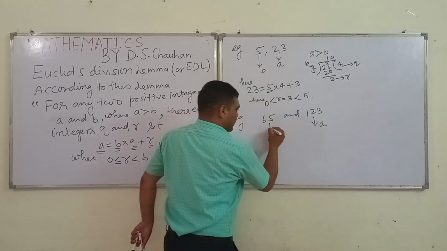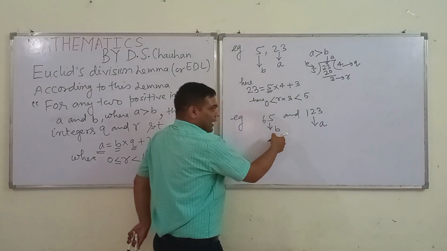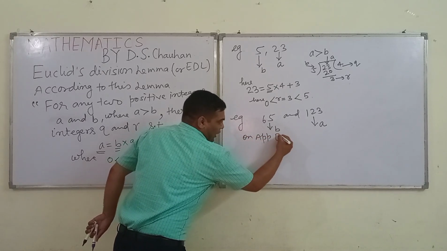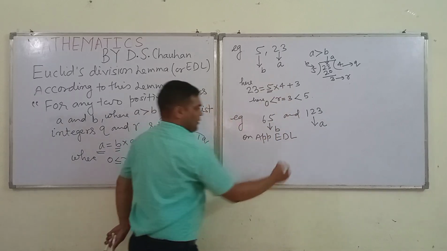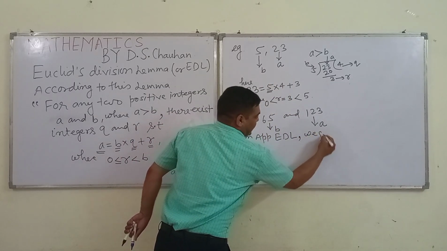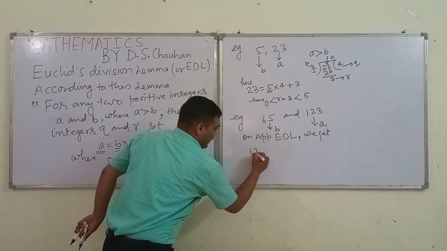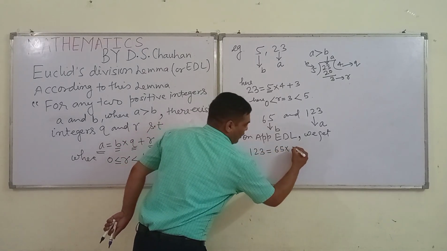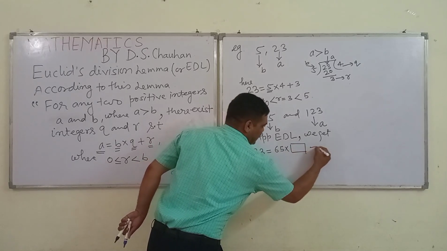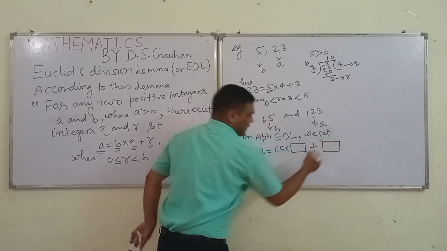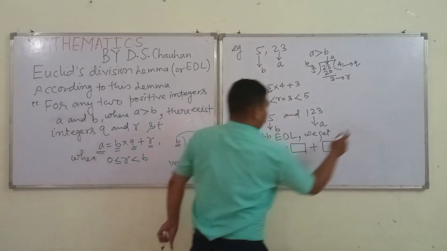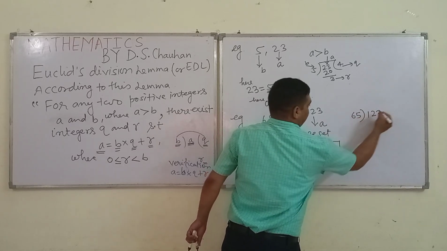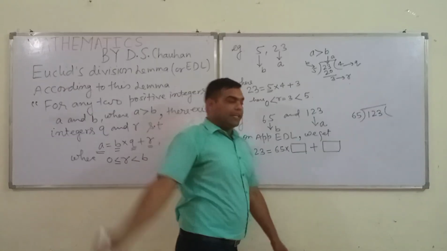Here the big number we are taking as A, the small number we are taking as B. Again we will write here, on applying Euclid's division lemma, we have 123, which can be written as 65 into, here we have to wait for the quotient and remainder. Students, how can you implement it? By dividing 123 by 65.